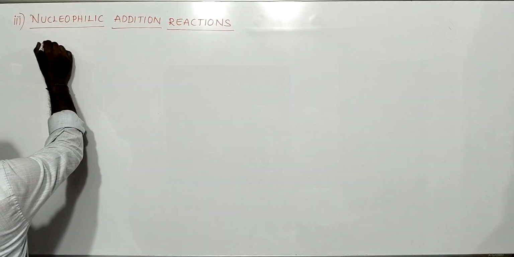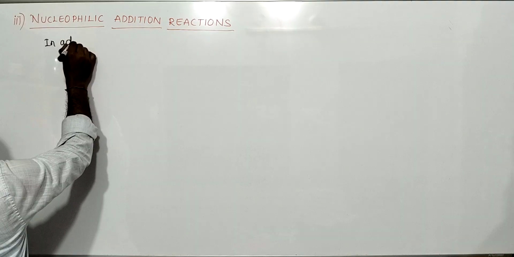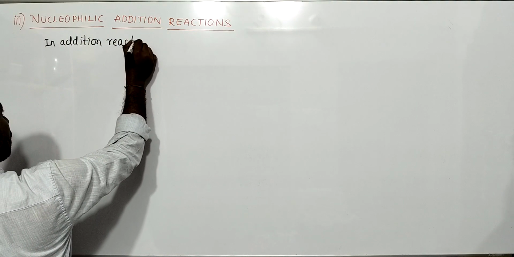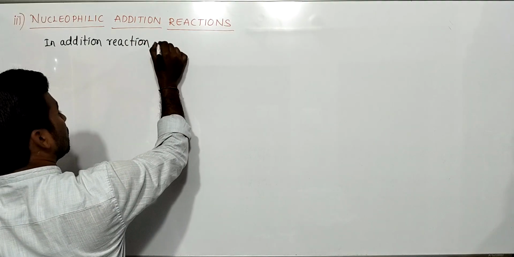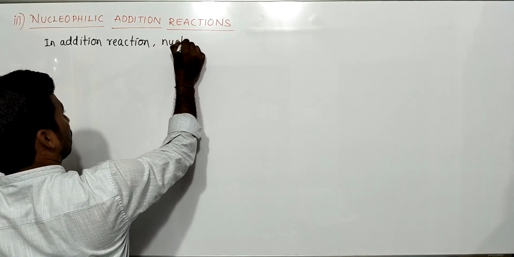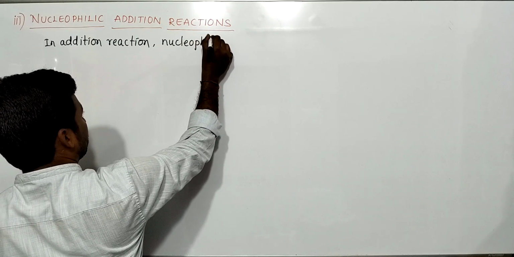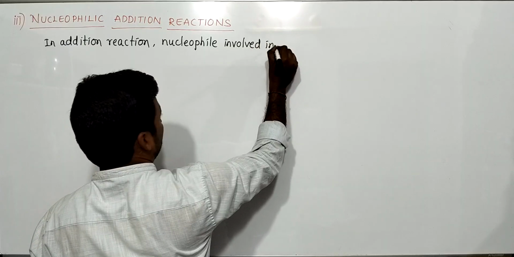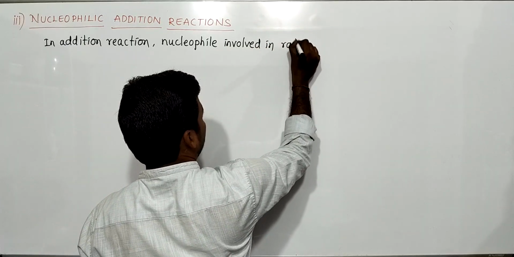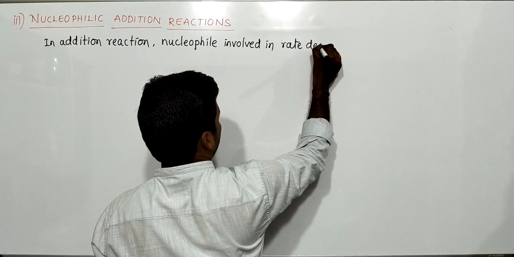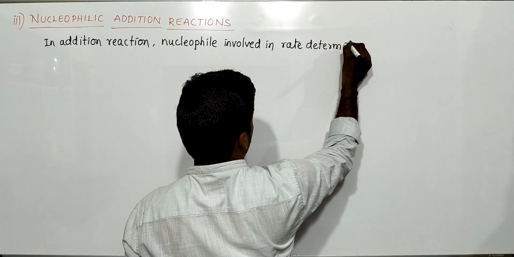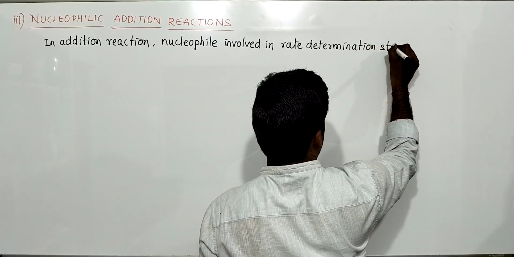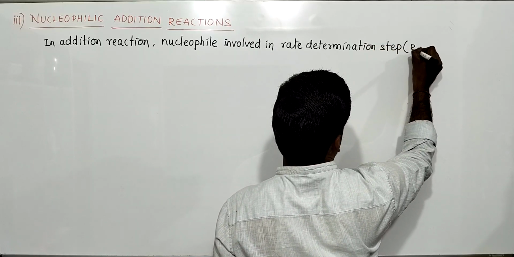In addition reactions, the nucleophile is involved in the rate determination step, shortly RDS.